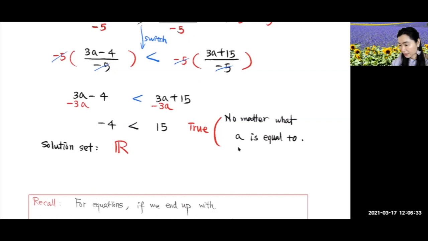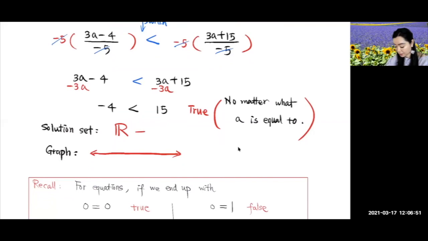Now the graph of it is going to be the whole number line. So you just graph the whole number line. So the solution set for that will be all real numbers, and the graph will be the whole number line.